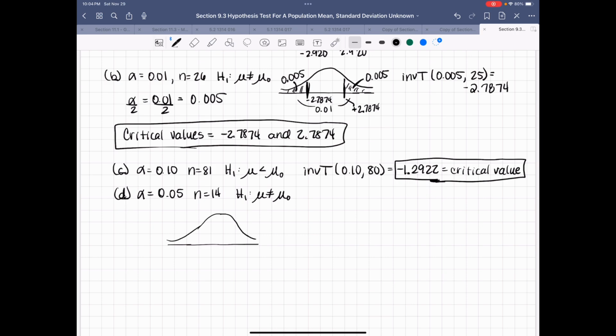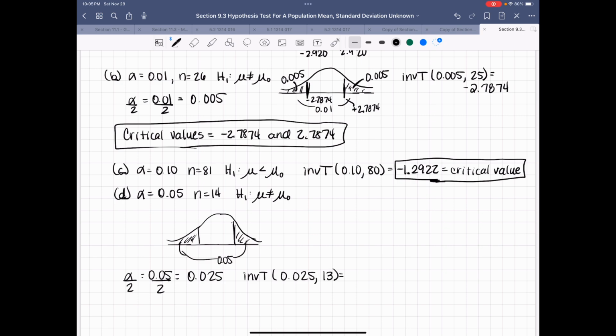I'm saying that this chunk and this chunk, these two together equal 0.05. So that means I need to find out what alpha over 2 is. And that is going to be 0.025. Okay? So I'm going to do an inverse t of 0.025, comma, degrees of freedom are 13.